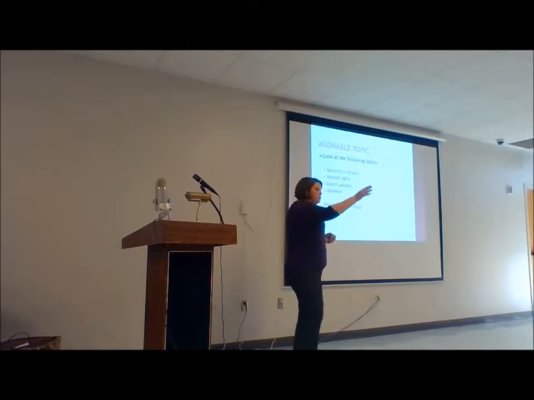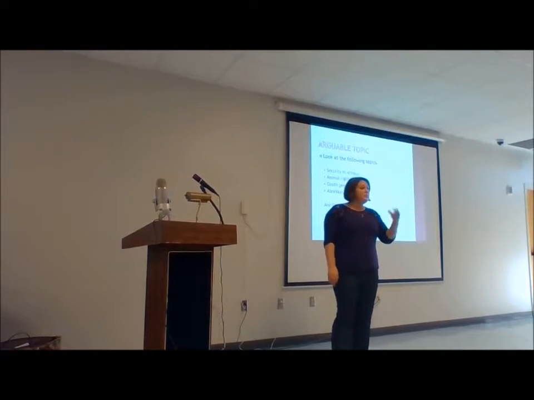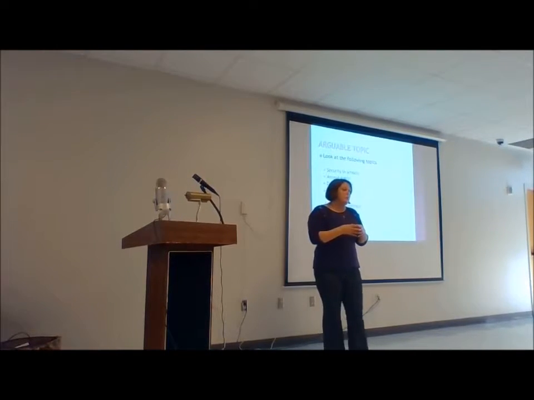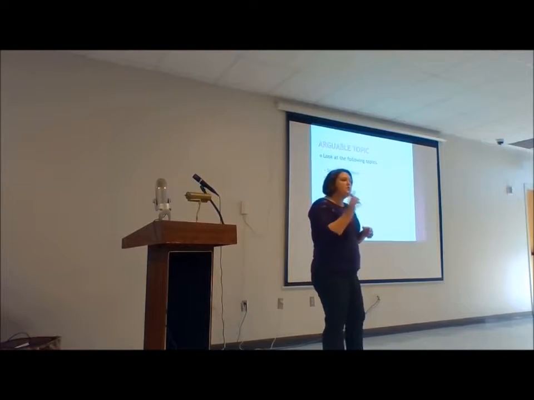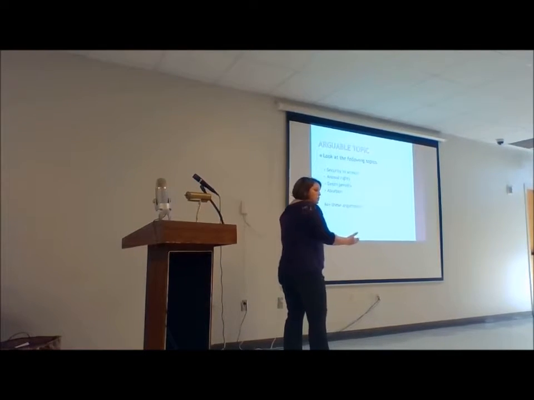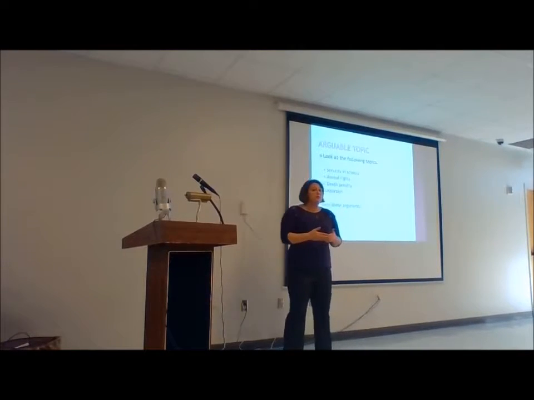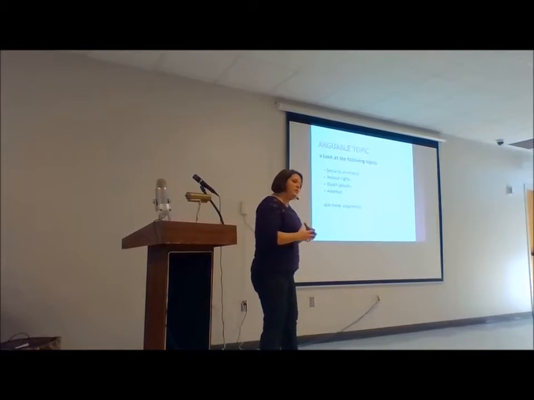Okay, and go even more specific. Odessa schools, Rankin schools, Wink schools. Okay, you see where I'm getting? You want to make this manageable. For this paper, put it on a local level because you will know more about your community and you will be able to have a better impact on your community than if you just say nationwide schools. Do you see where we're going with this?